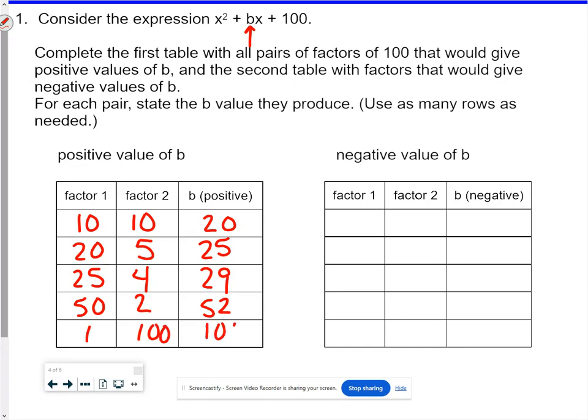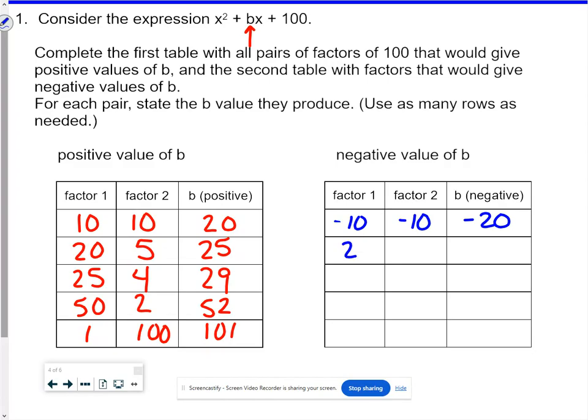That'd be 101, right? If I want to be able to add my two factors together and get a negative answer, the only way that happens is it's got to be negative numbers, right? I already found all of the factors. Let's just use that first table. Let's say instead of 10 and 10, we're going to go negative 10 and negative 10. When I add those together, I get negative 20.